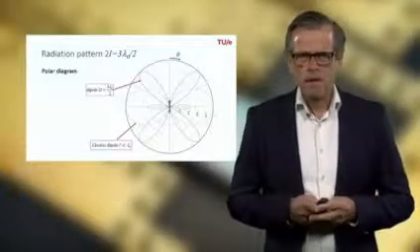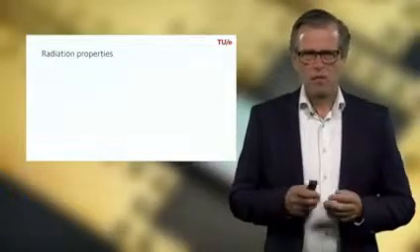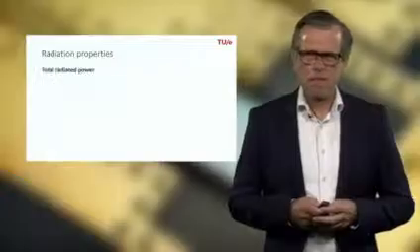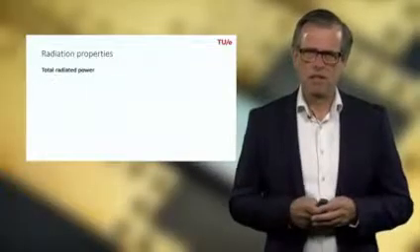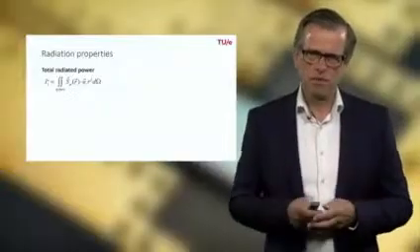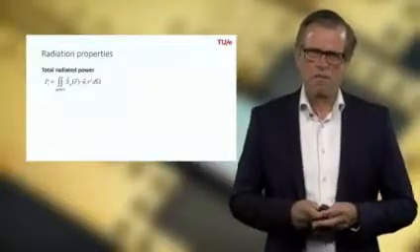Now, apart from the radiation pattern, we can look into other radiation properties, as we also did with the electric dipole. So first, of course, we have to calculate the total radiated power, and we can do that by integrating the Poynting vector over a sphere with radius r.